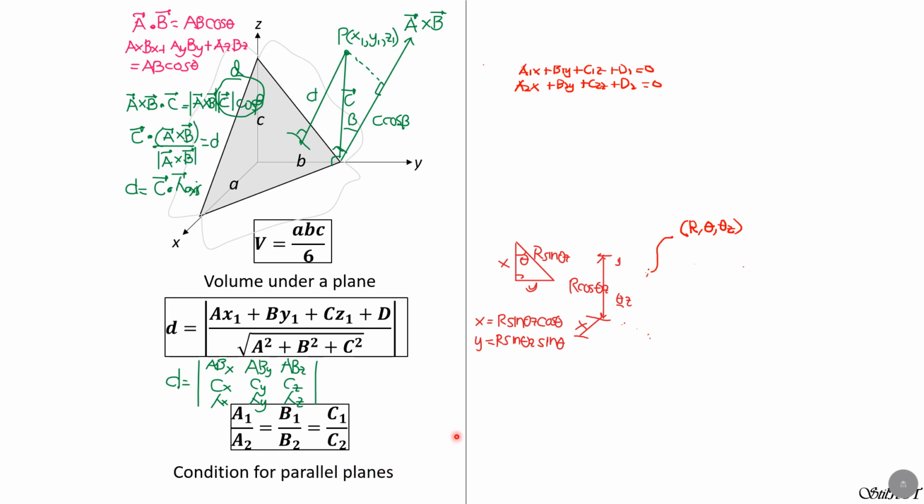Then from advanced math, from the condition for perpendicular lines, remember a1 a2, the sum of products of corresponding coefficients is 0. So we also extend that to coefficients of z. So that is a1 a2 plus b1 b2 plus c1 c2 equals 0.